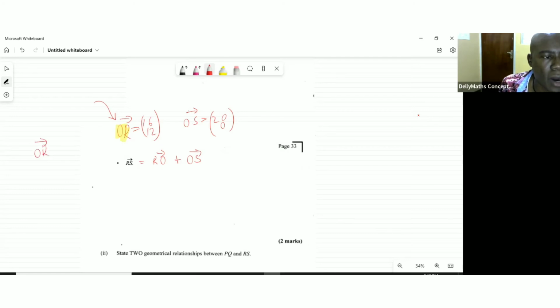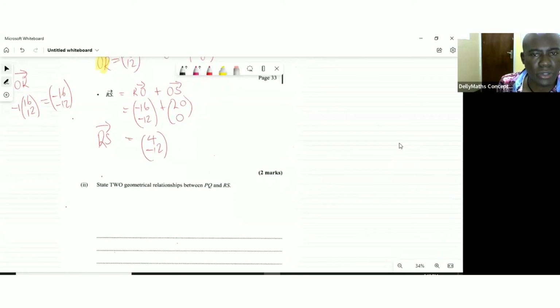The inverse of OR is -1 times OR, and this gives us (-16, -12) as the components because we're coming in the opposite direction. We're adding that to OS, which is (20, 0). When we put this together, we get 4 at the top with a -12. So this is RS.